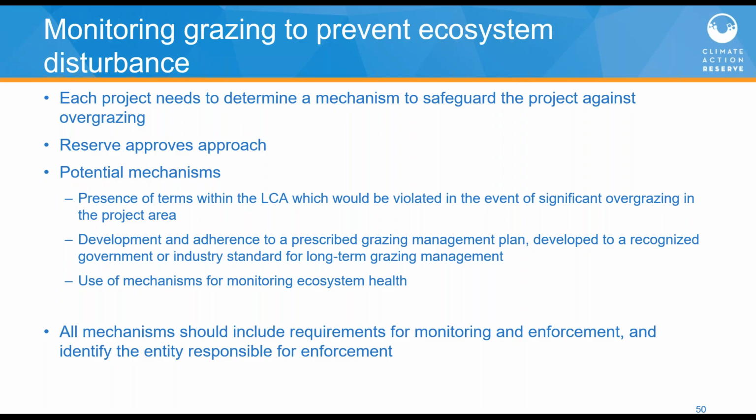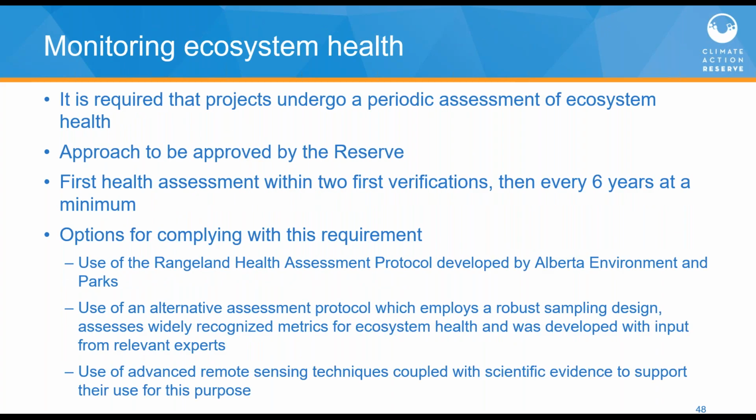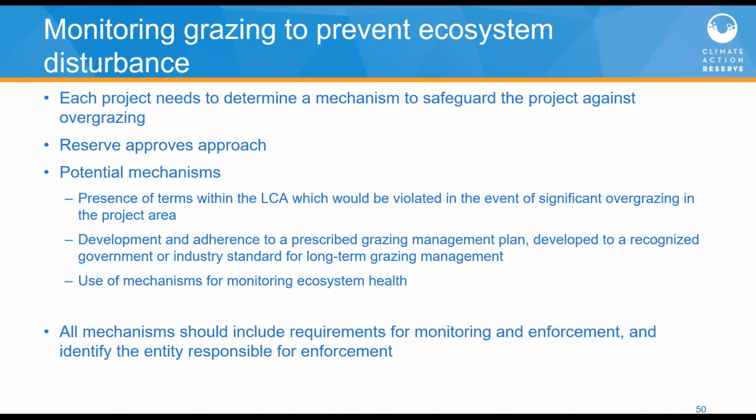If you've got, when you're fulfilling this requirement, if what you're doing to monitor ecosystem health could be used each year to detect and identify overgrazing, then that could also satisfy this same requirement. In any case, during a reporting period, we need to be comfortable that there's a mechanism in place that would detect any overgrazing activity.